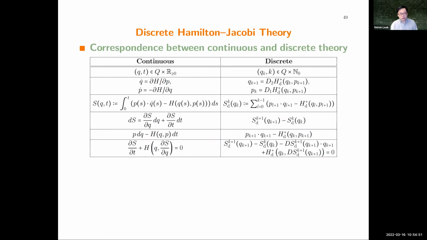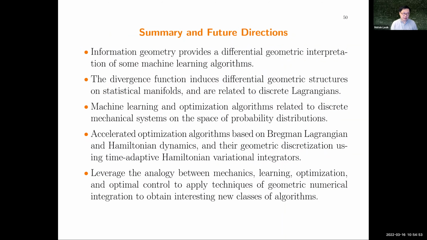Okay, so let me try to summarize now by saying that information geometry provides a differential geometric interpretation of some class of machine learning algorithms. In particular, the divergence function induces a bunch of differential geometric structures on statistical manifolds, and they are related in this precise way to discrete Lagrangians.